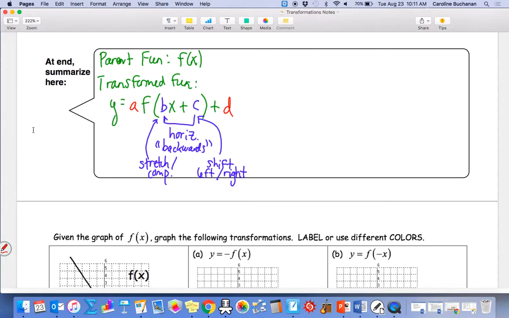So A and D are both vertical, and they seem more straightforward.